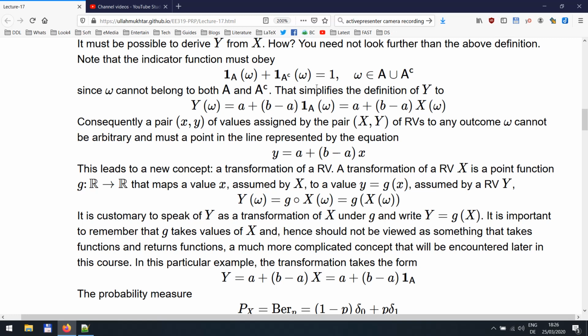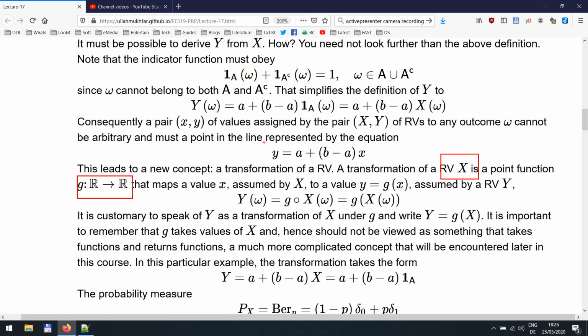So here we have actually discovered a new concept. What we have discovered is that we can start with any random variable x, and we can define a new random variable in such a way that values assigned by x are transformed by a function, let's call it g, and you see it's a point function from real to real.